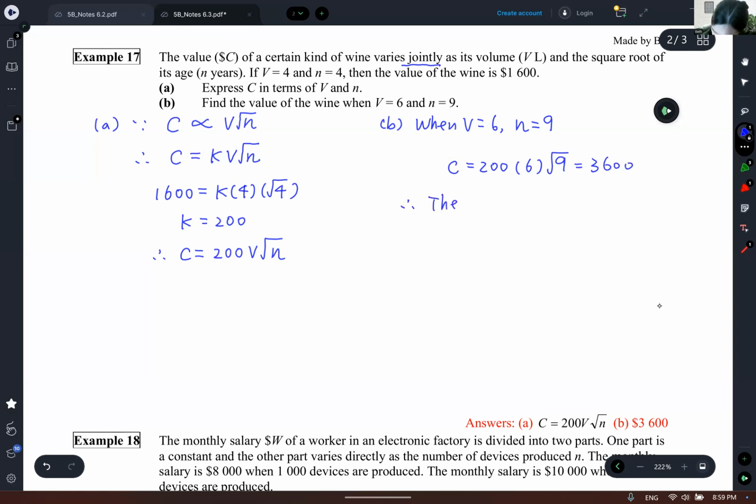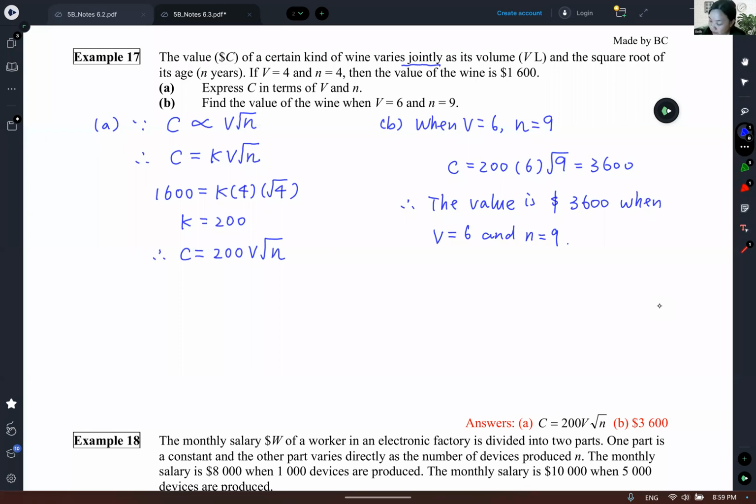And then the value is 3,600 when V equals 6 and N equals 9. Now in this case, do not write a unit there in the formula. The formula should have no unit at all. Okay.